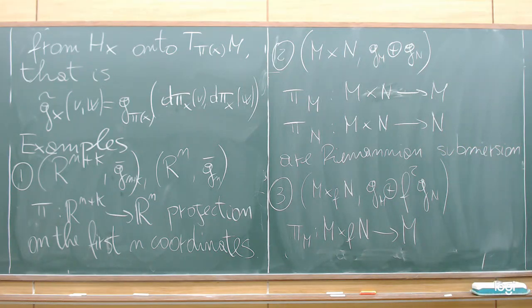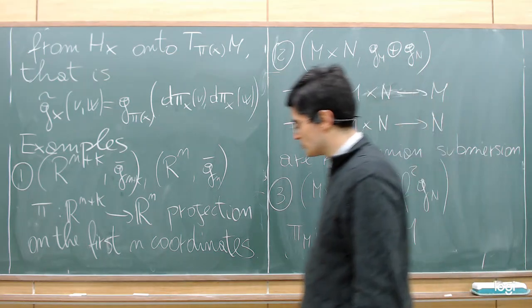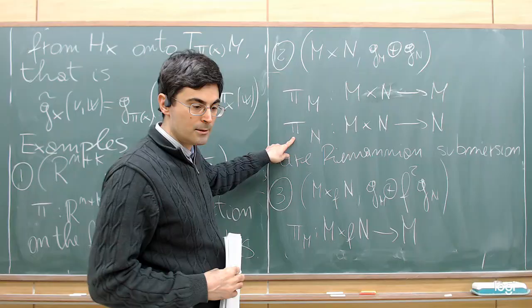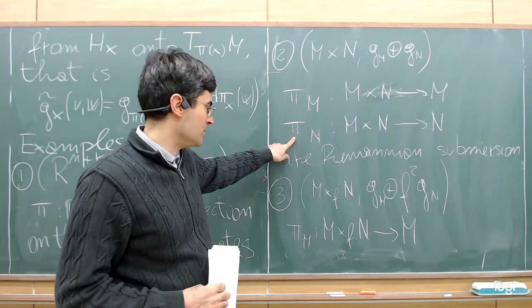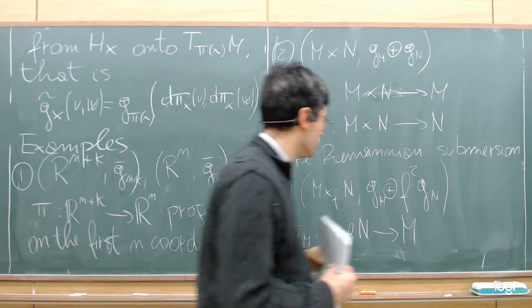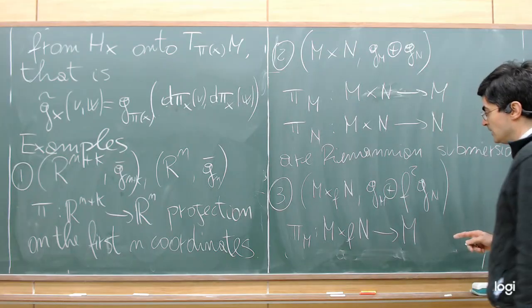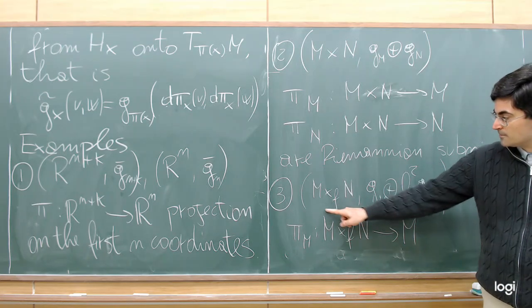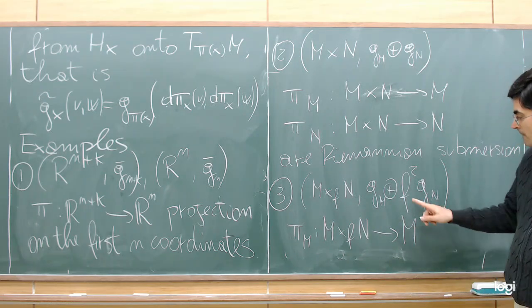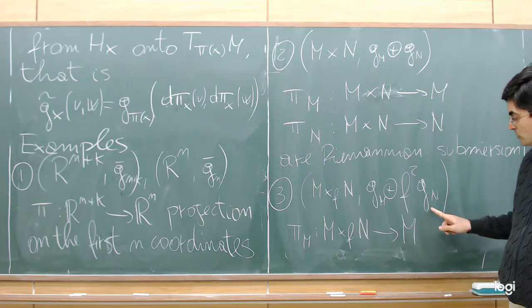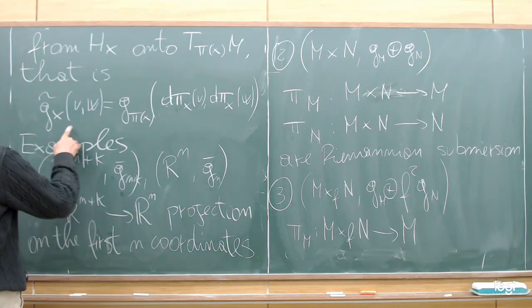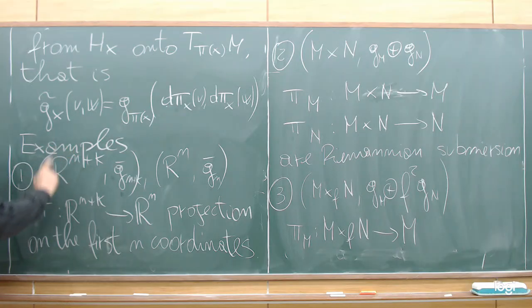The reason is the same. Instead, it is not true that pi N is a Riemannian submersion. Why? Because in the formula for the metric for this product, there is an f squared in front of gN, so it is easy to see that this cannot be true.